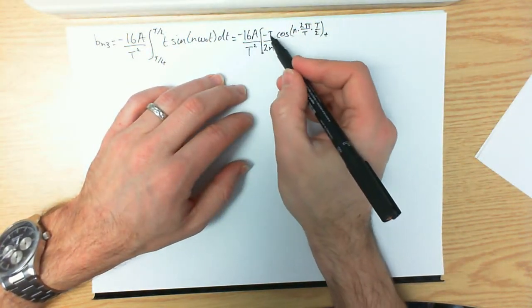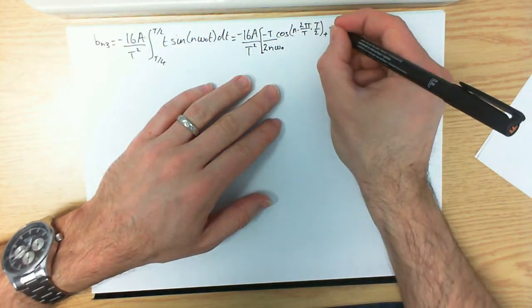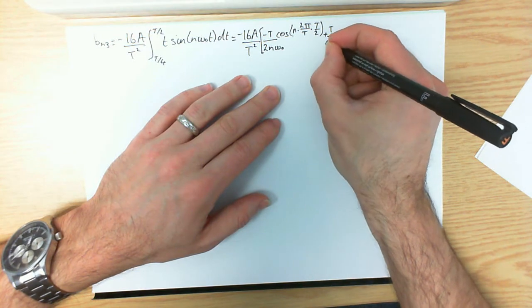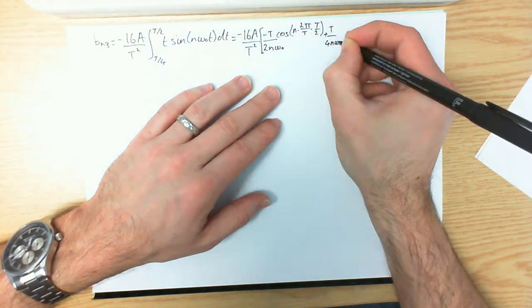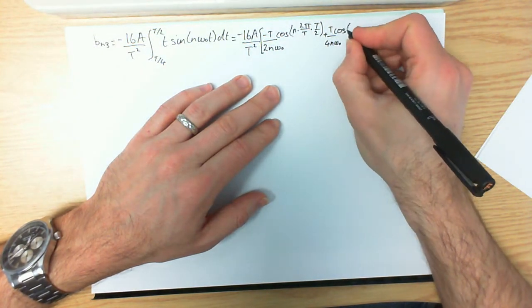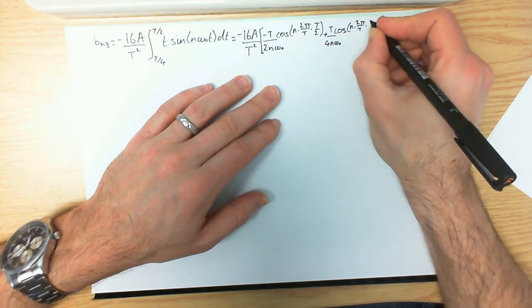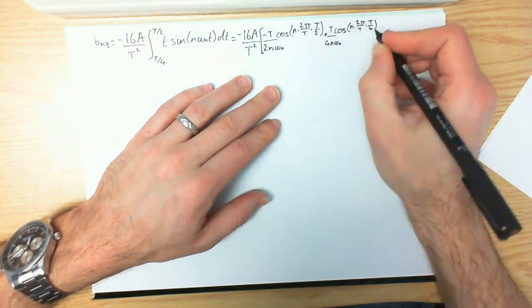And because we've got a minus in here, so the T over 4 is going to end up being a plus. So we've got T over 4 n omega naught cos n times 2 pi over T times T over 4.